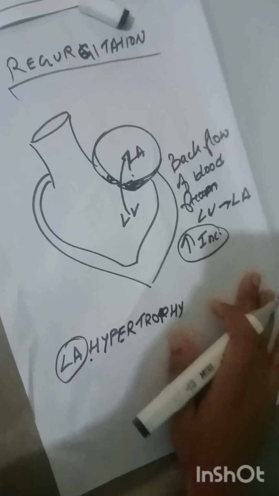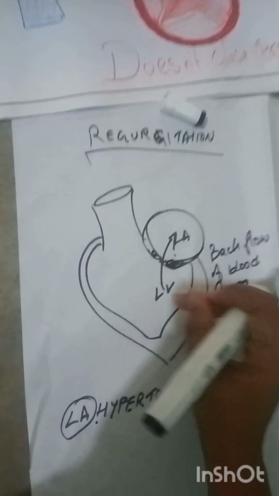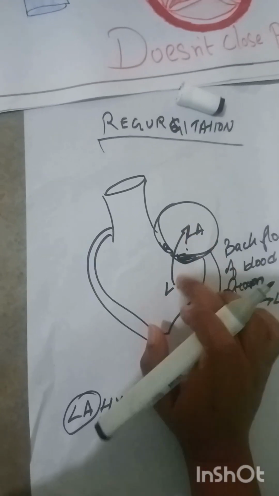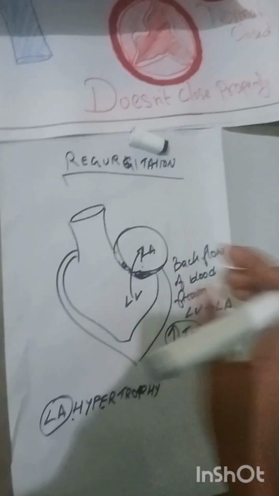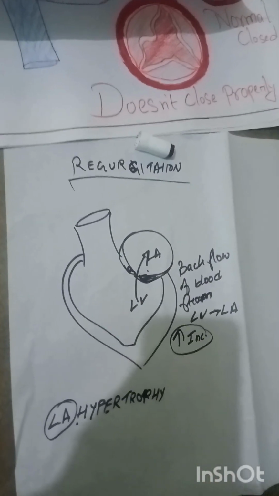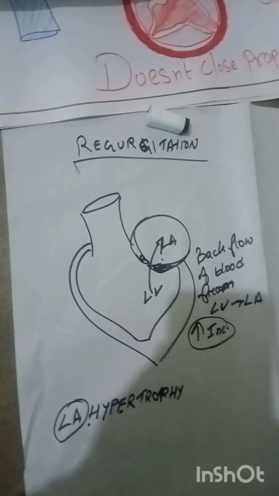You know why? Because if there is increase in blood flow from the left ventricle to the left atrium, there will be more pressure exerted on its walls.